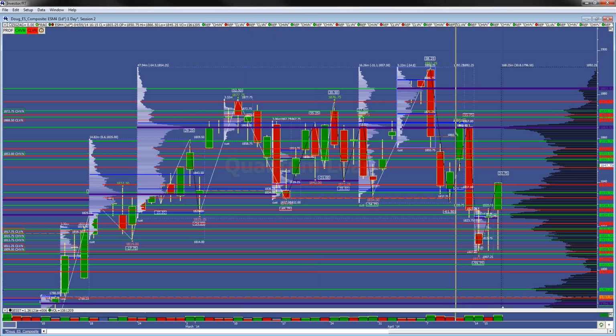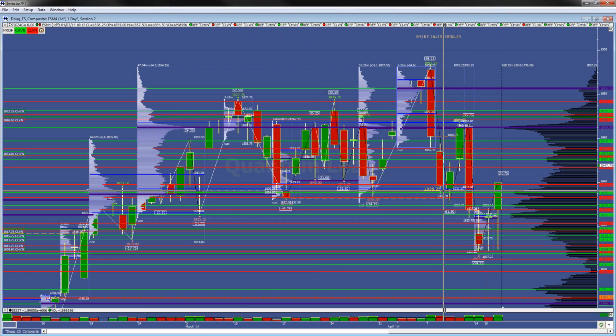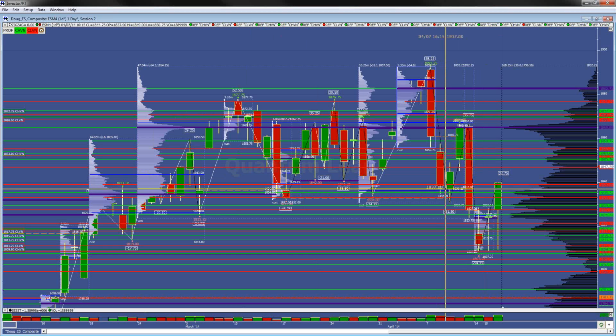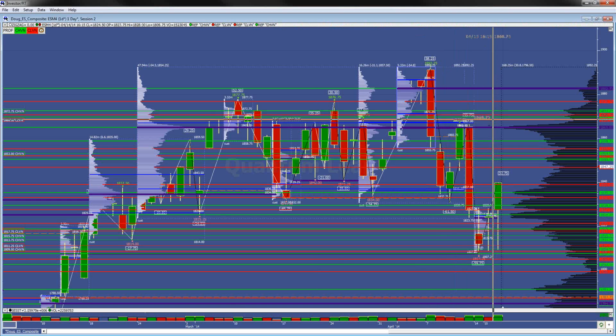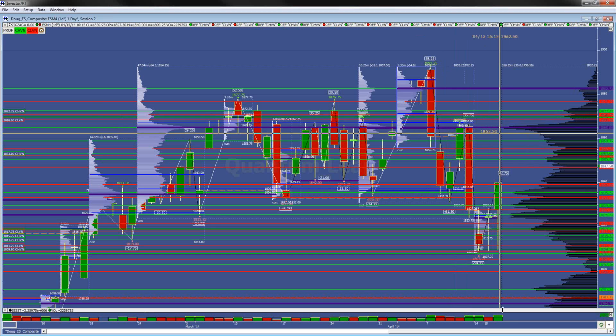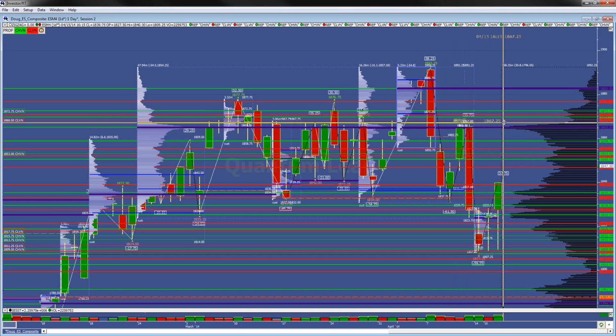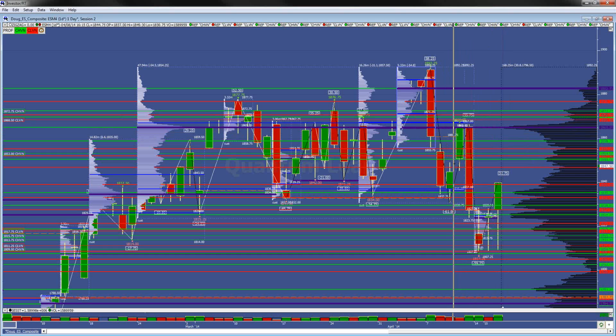You can see that the value area low on the smaller microcomposite is 36.25, so right there at that 37, and then the value area high is also right in line at 1867. So we're back inside of this value area.